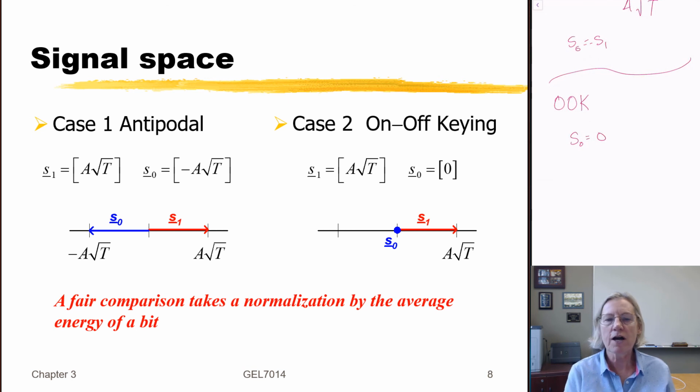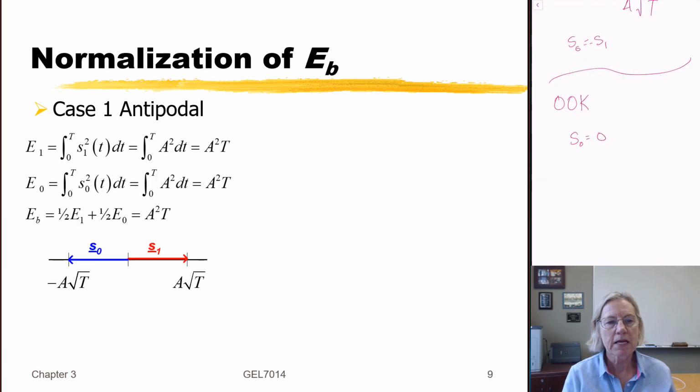Very fair, because if I have twice as much energy in one system, of course it would be normal that it might perform better. So if I want to see really how the noise is being attacked in the system, I really have to normalize to this average energy per bit. So that will be our next step. So I have to calculate what is the average energy per bit.